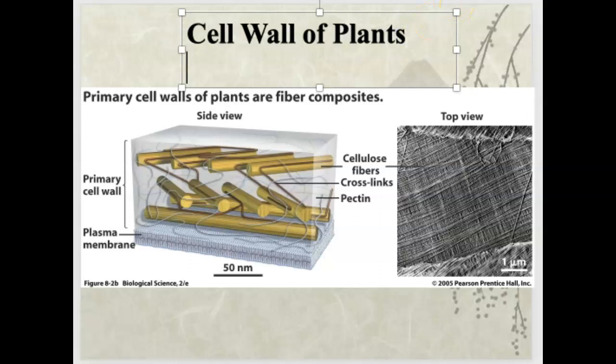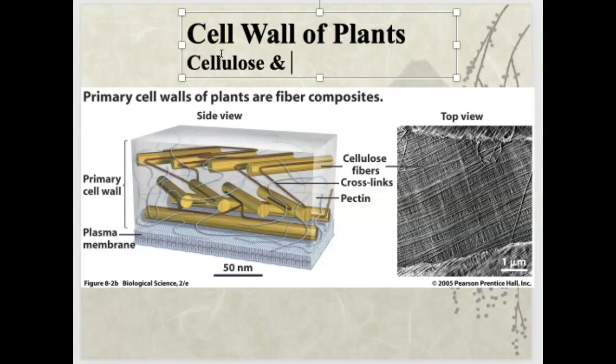Cellulose and lignin. Those are two of the primary fiber types that we'll see embedded within the cell wall.